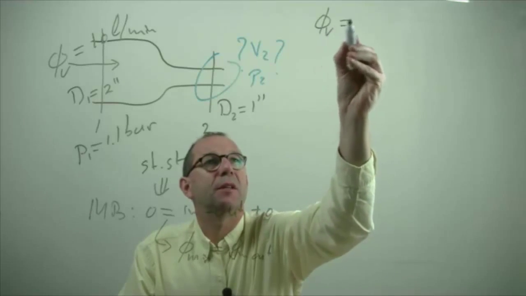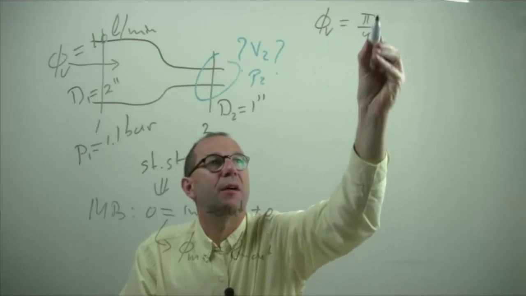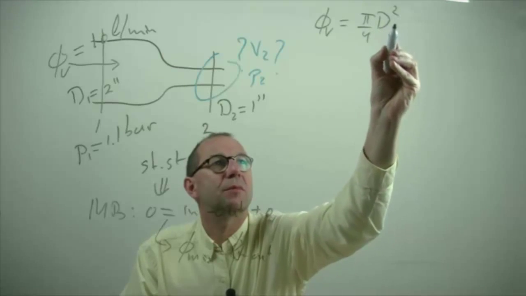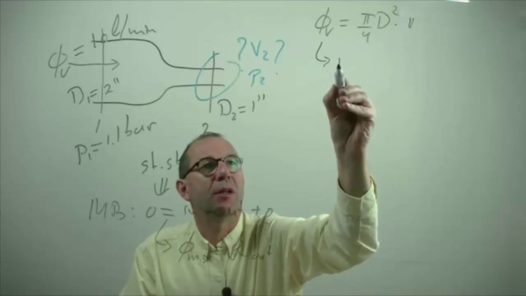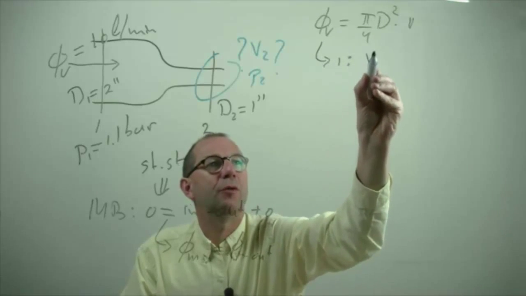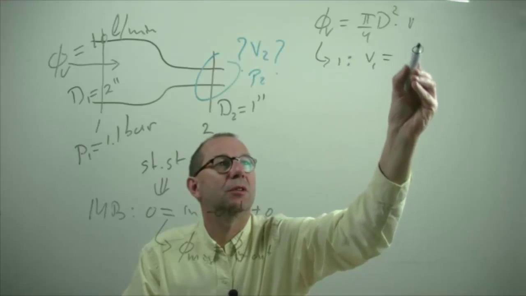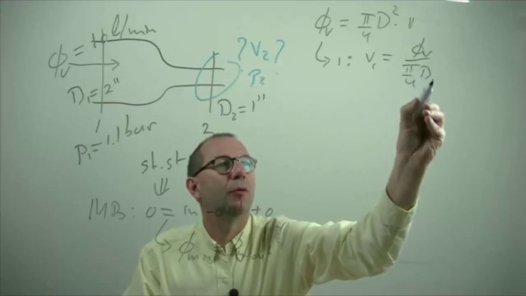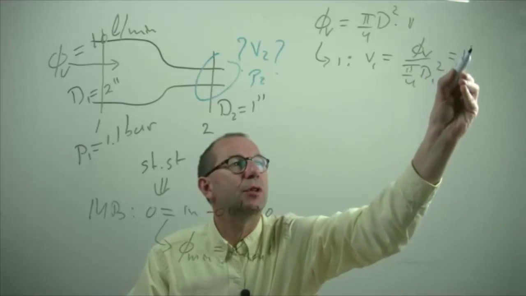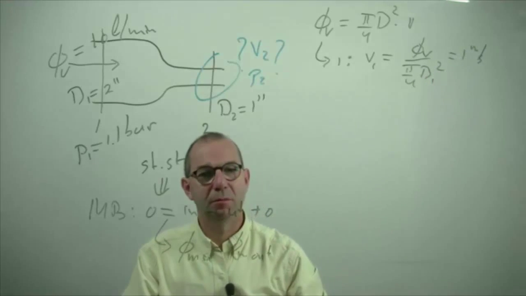The flow rate is the cross-sectional area times the velocity. Thus, at 1, I have V1 equals the flow rate divided by the area of 1, giving me a velocity of a meter per second.